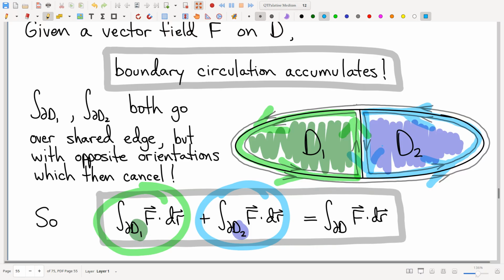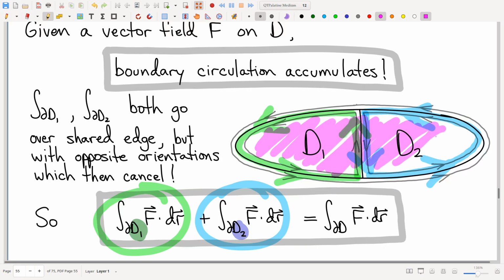Now let's look at the whole. The whole is the union. It's this whole great big schmear here. For that region, the boundary circulation, I've got to go all the way around the entire boundary, like so.